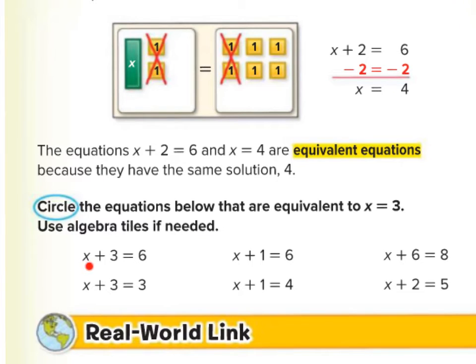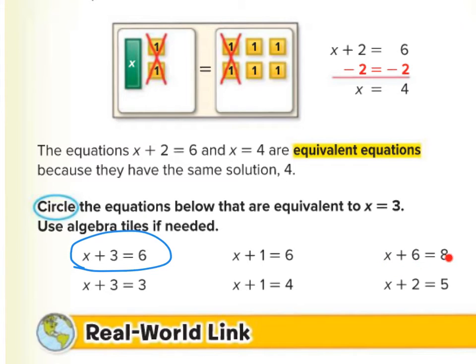Okay, a number plus 3 is 6. If I make x 3, does it make it true? 3 plus 3 is 6. So yes, we can definitely circle this one. Alright, next one. Again, x is 3. So I'm just saying 3 plus 1 is 6. No, 3 plus 1 is 4. So I'm not circling that one. 3 plus 6 is 8?